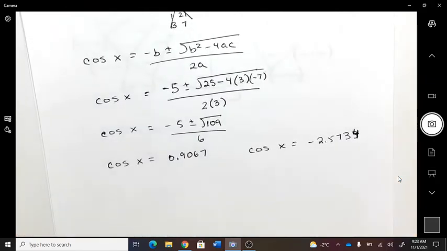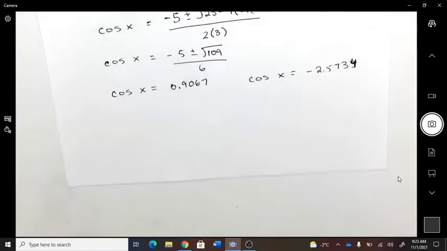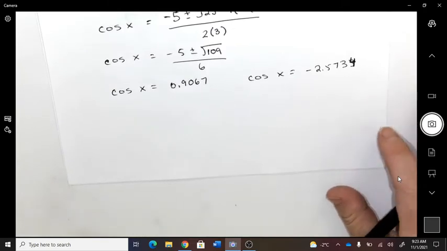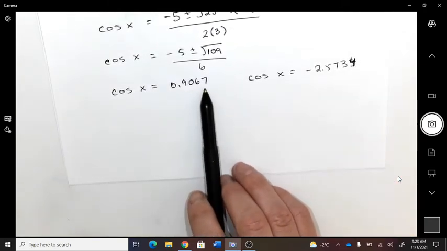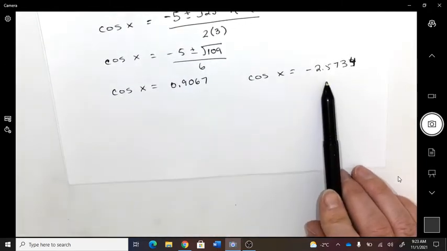I'm going a few decimal places on this because I don't really want to round right now. In grade 12, you're going to learn that you can't round at all. So your final answer is where you want to do your rounding. Okay, how's our numbers looking? I got like a 0.9067. And then when I did the subtraction, I got negative 2.57.